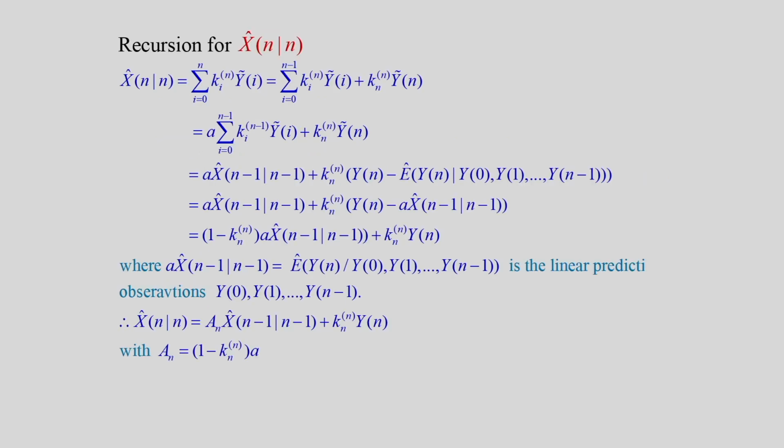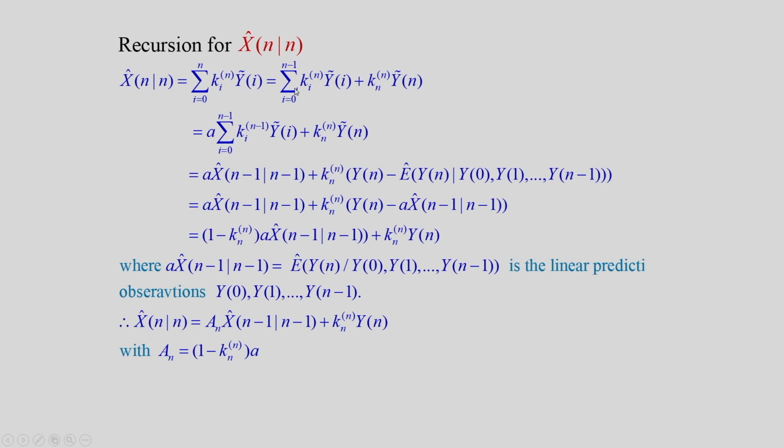Now, let us see how we can get the recursion for the estimator. We have x̂(n|n), that is the estimator, equal to the summation of k_i(n) ỹ_i, i going from 0 to n.